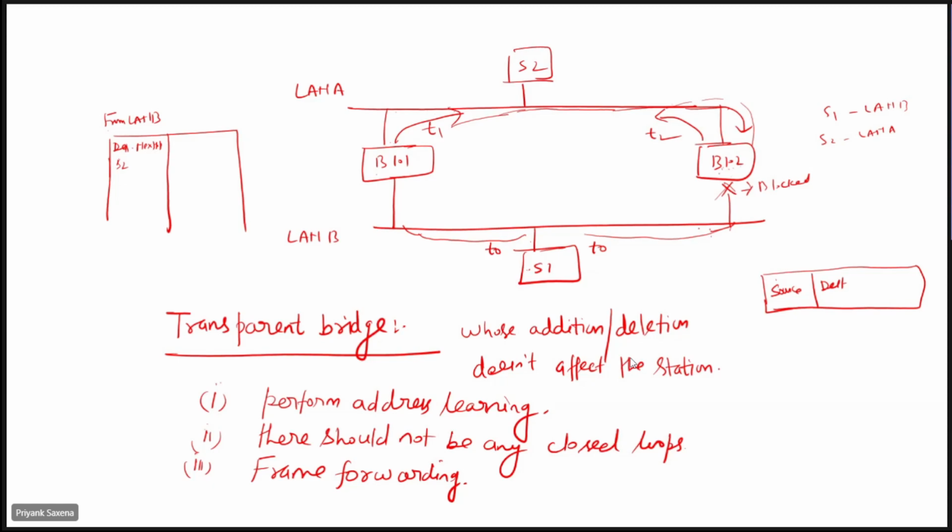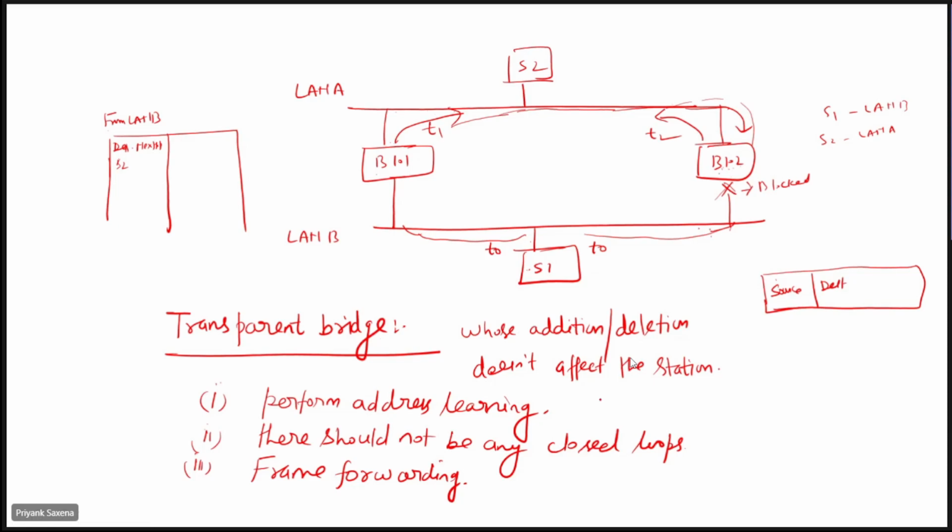These dynamic tables are updated based on the current network conditions. That is why it is called dynamic routing, right? The routing decisions are made purely based on the current network conditions. So that is basically the three characteristics of a transparent bridge.